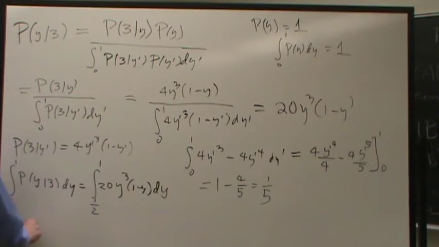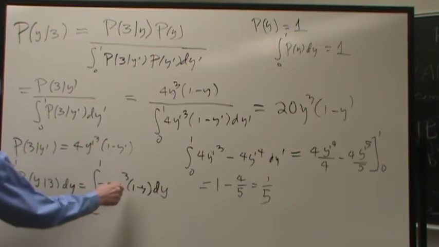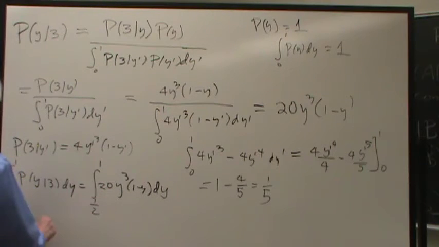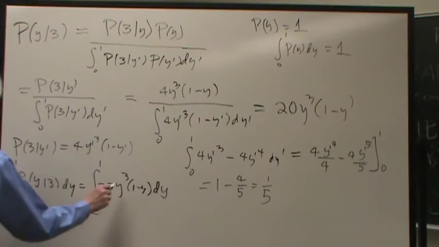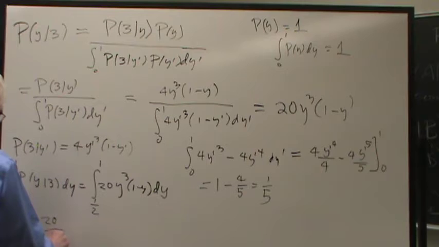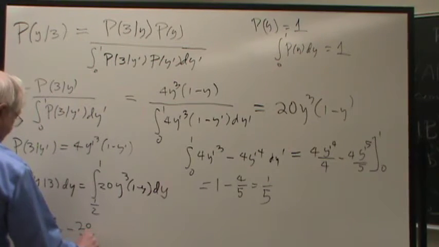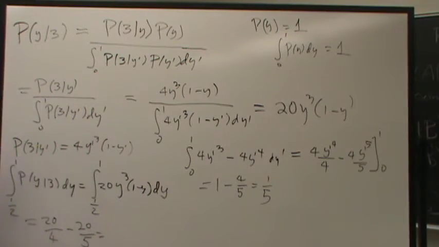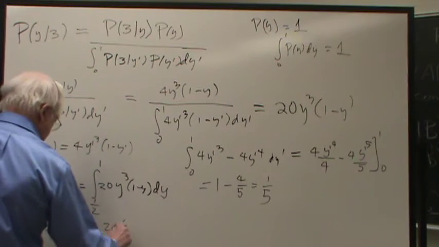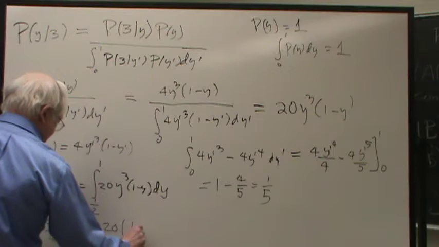And now, I guess I can do that one. It's 20 y to the 4th over 4, so that's just 20 over 4, minus 20 over 5, and so that is 20 times a quarter minus a fifth.